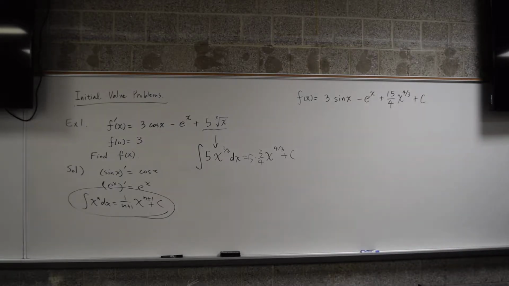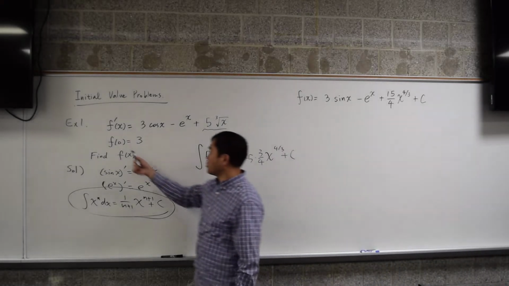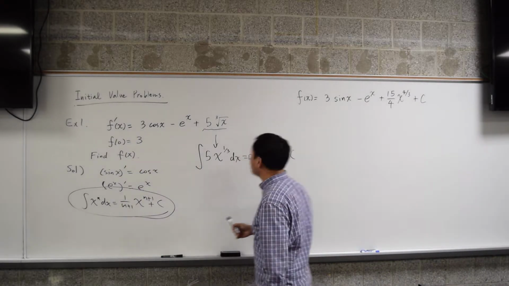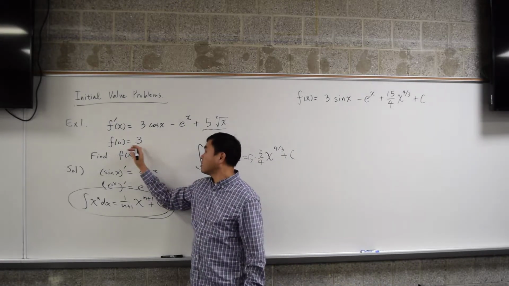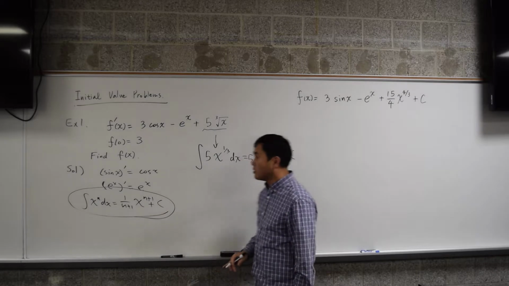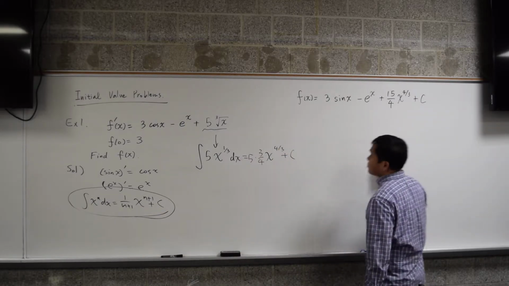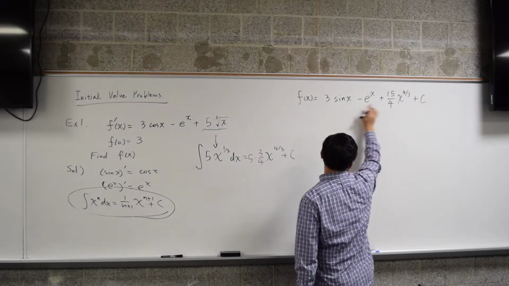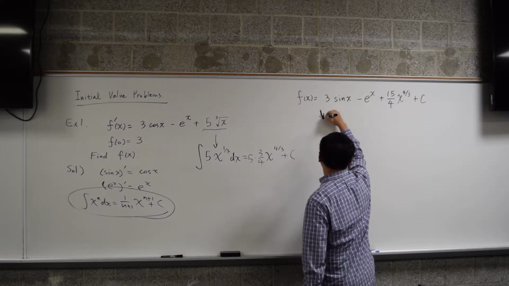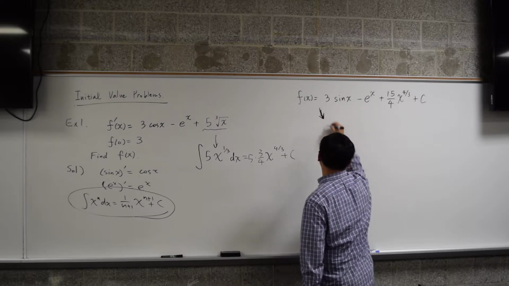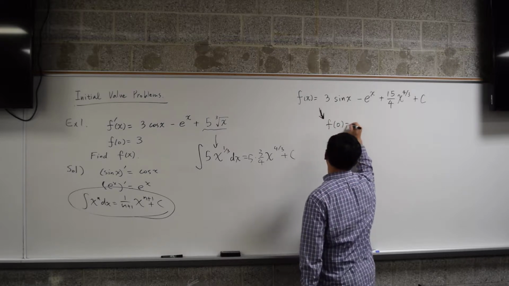So far, it's exactly like finding antiderivatives, but in addition to that, we have this condition, f of 0 equals 3. We just have to figure out what this value c must be so that this condition is satisfied. So let's think about that. You plug in 0 into this. What is f of 0?